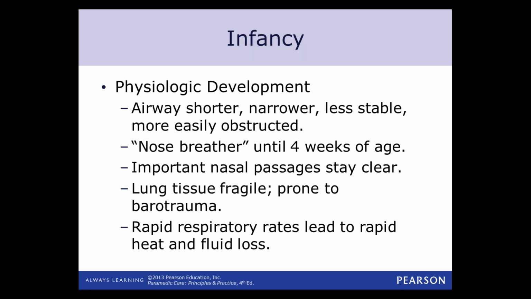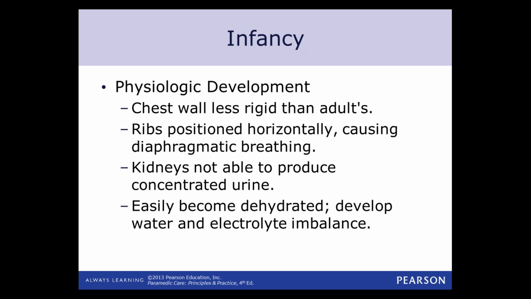Most of the time they're not going to be breathing through the mouth, they're going to be nose breathers, and because their body is not developed yet, they're going to be belly breathers, using accessory muscles, using grunting to get air, a lot of different things that they have to do, especially as infants.